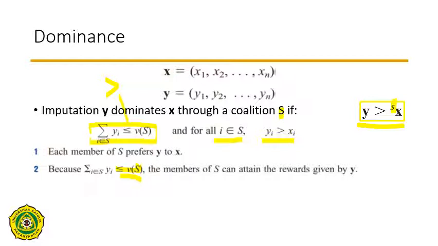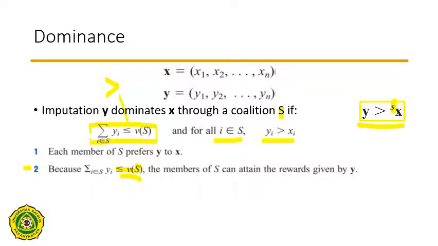So in that condition, you cannot say y dominates x through the coalition S, because it is not reasonable to have a coalition that offers a sum of rewards greater than v(S). So that's what is said by the second point here.